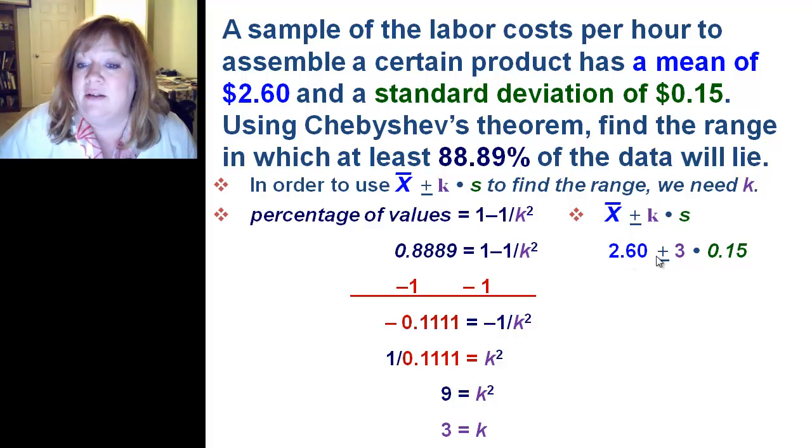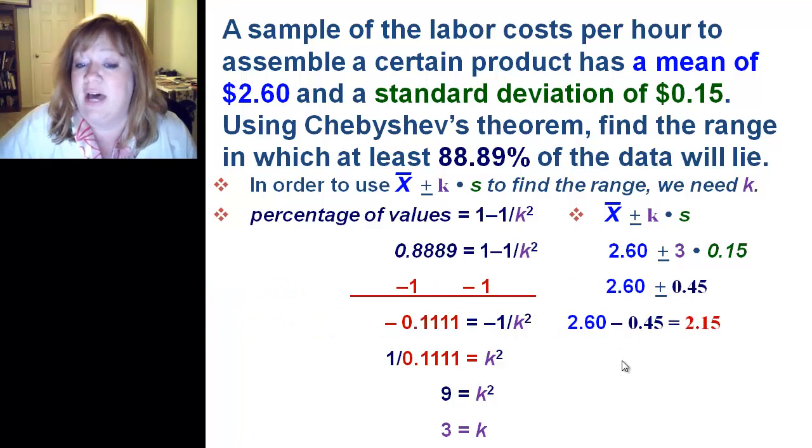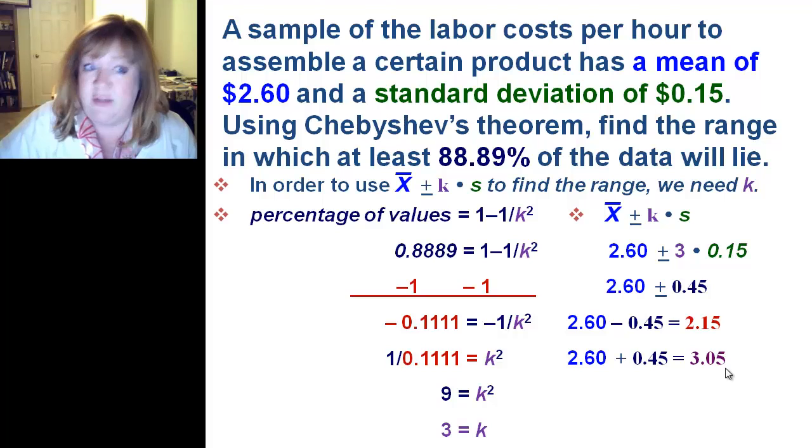I'd add, or to find the lower one, I'm going to subtract. 2.60 plus or minus 0.45. So I take 2.60 minus 0.45 and get 2.15. 2.60 plus 0.45, that's where the plus or minus comes in, gives you 3.05. So $2.15 to $3.05, that's the range of values.